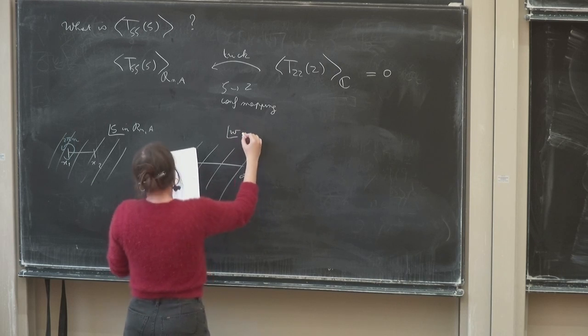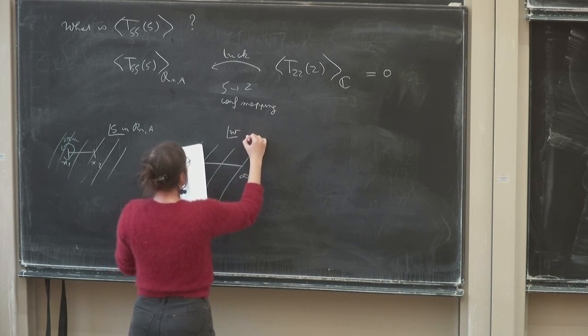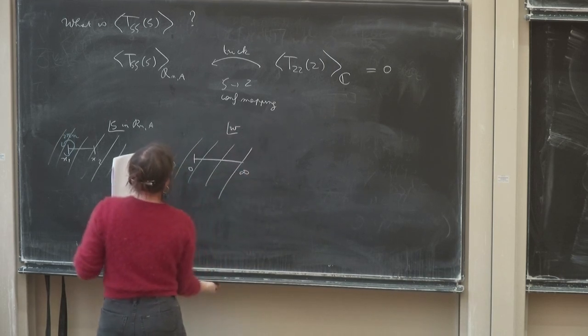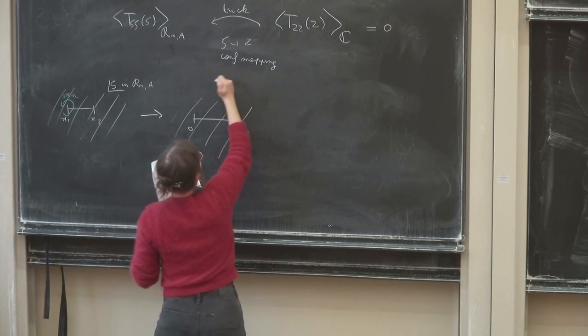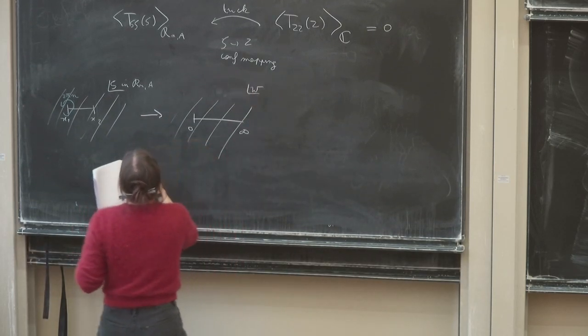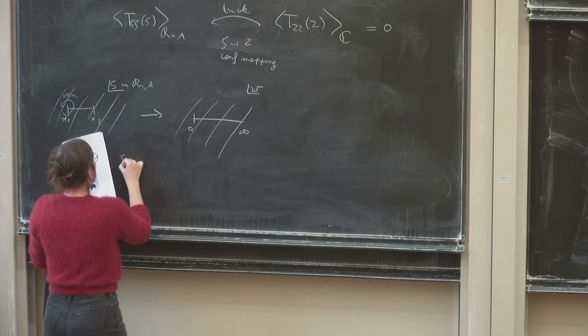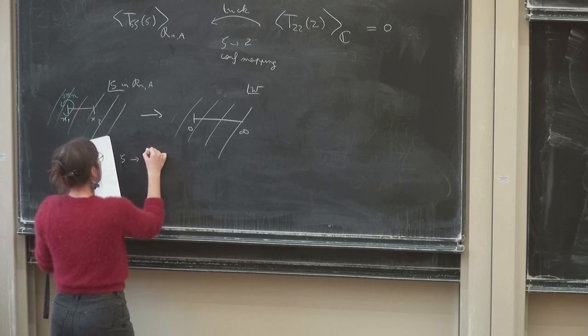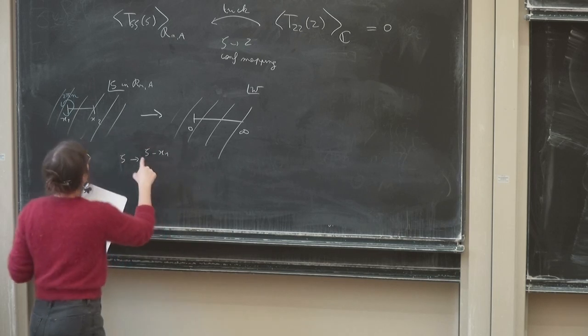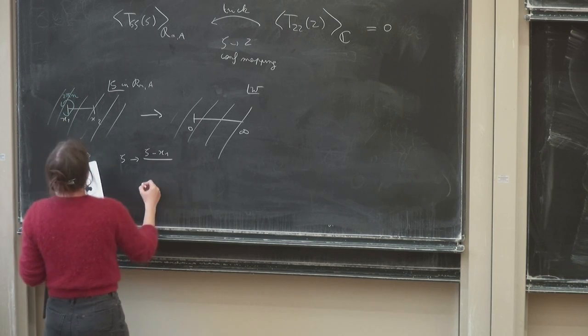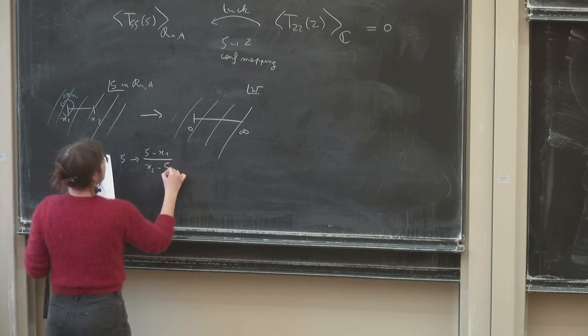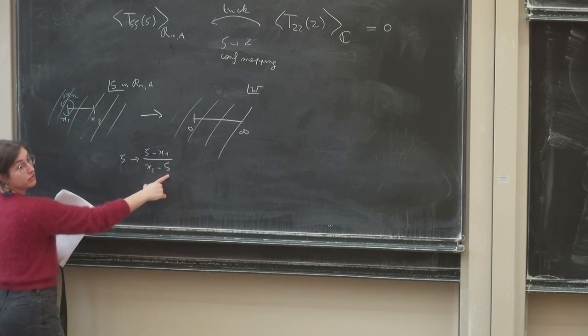Let me call this coordinate now W. The mapping that I do is I take zeta minus x1 to map x1 to 0, and I divide by x2 minus zeta so that x2 is mapped to infinity.